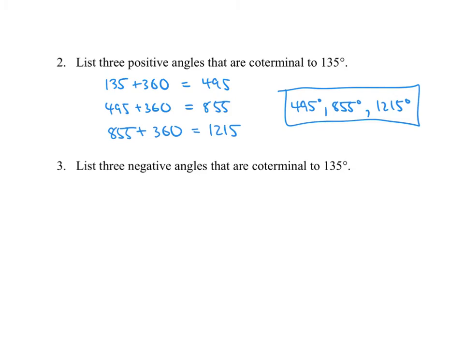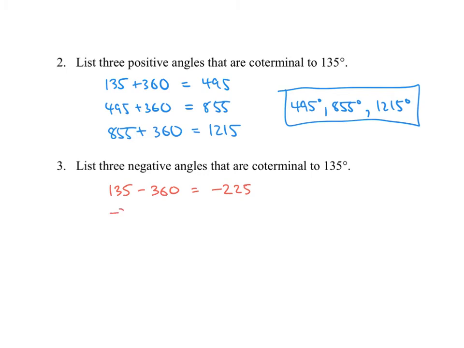And then to find 3 negative angles coterminal to 135, we're going to take 135 minus 360 and swing around in the clockwise direction. And we would get negative 225.